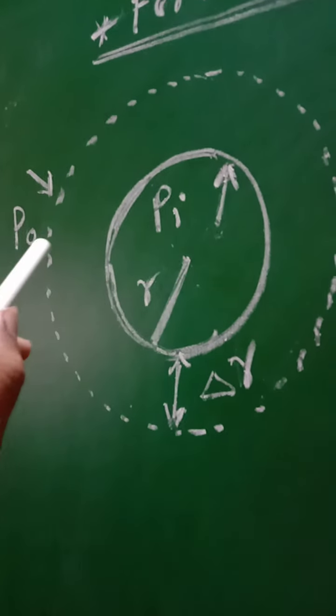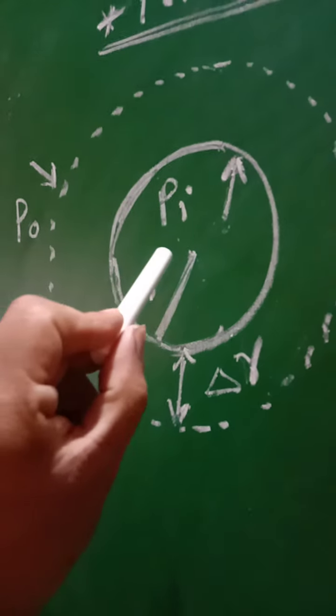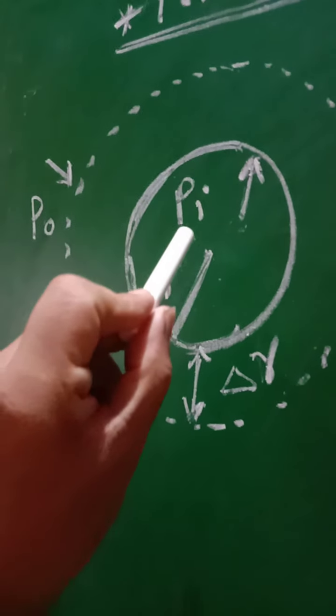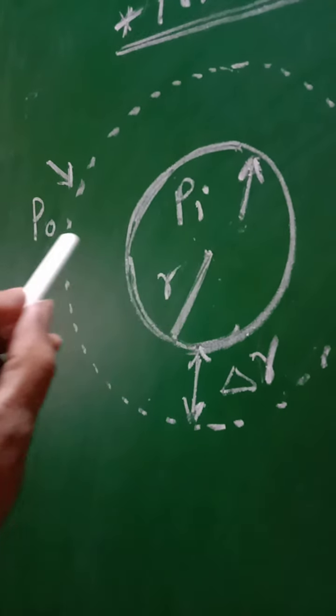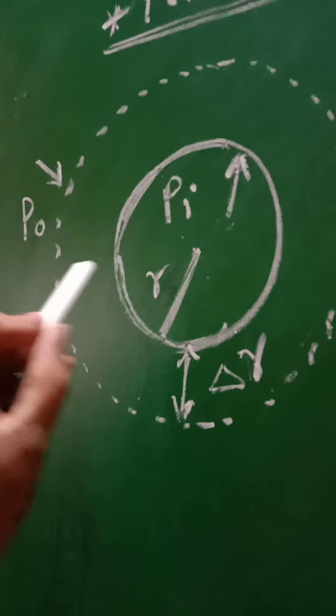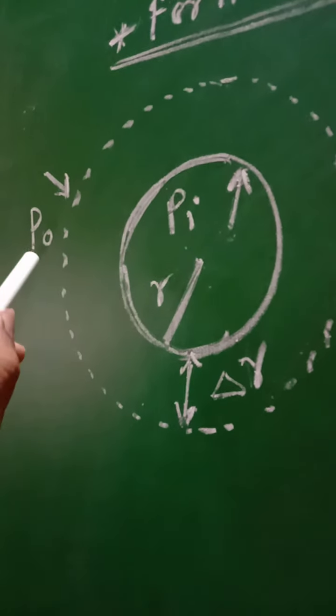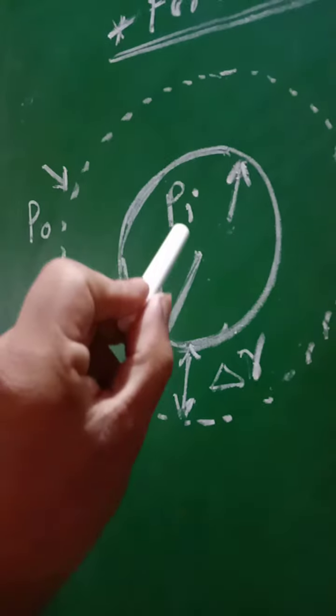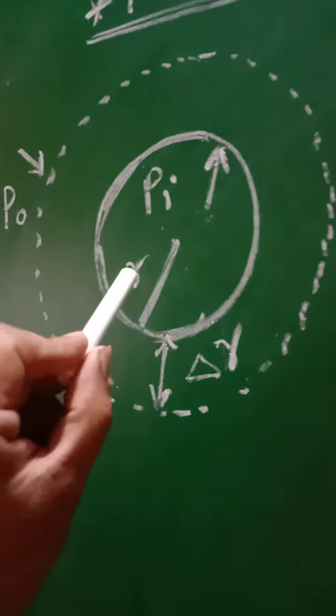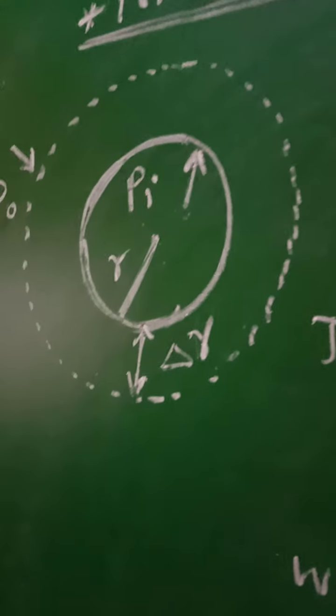So Pi is greater than Po, and therefore the difference between internal and external pressure, Pi minus Po, will be the excess pressure.